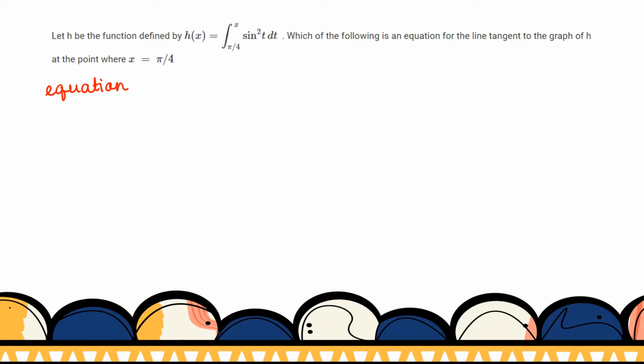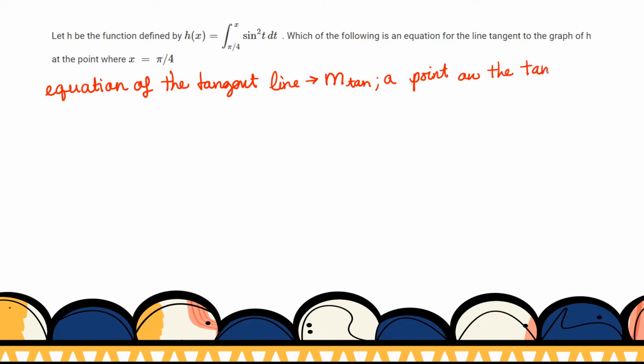And you need two things to do that. You need the slope of the tangent line as well as a point on the tangent line.